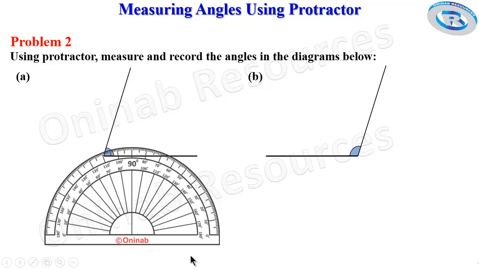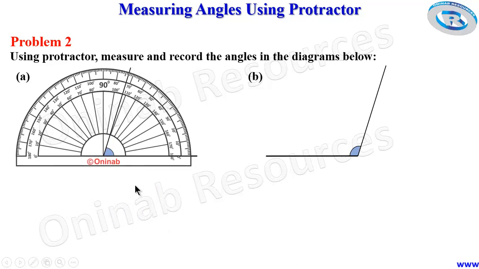So we place it and you see the point of intersection of the horizontal and the vertical axis is coinciding with the point where the two lines meet to form the angle, and the horizontal line has covered the base line of the angle to be measured.